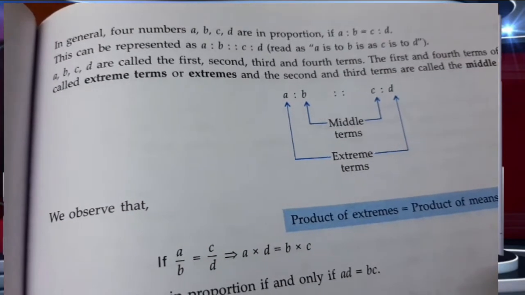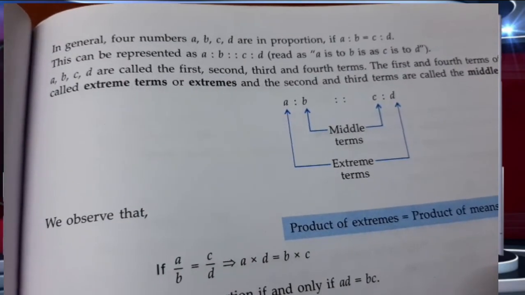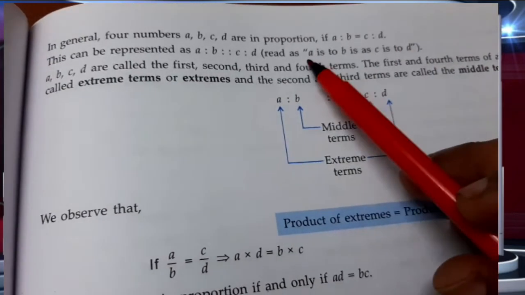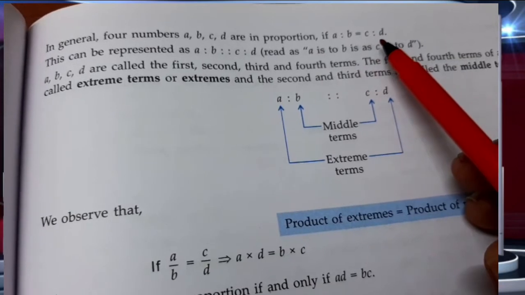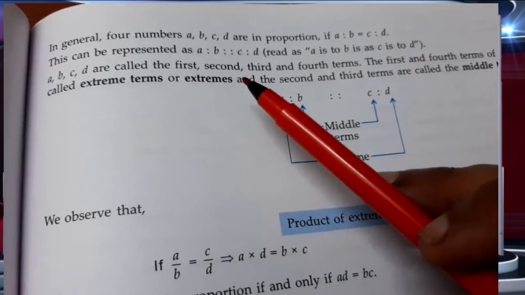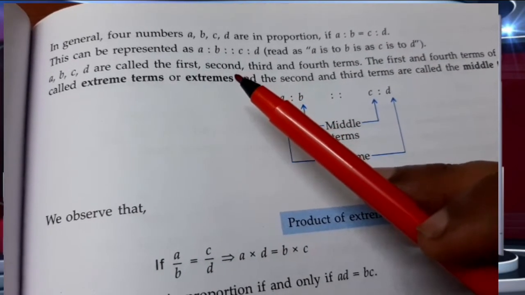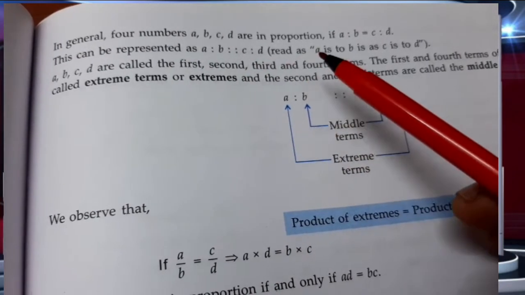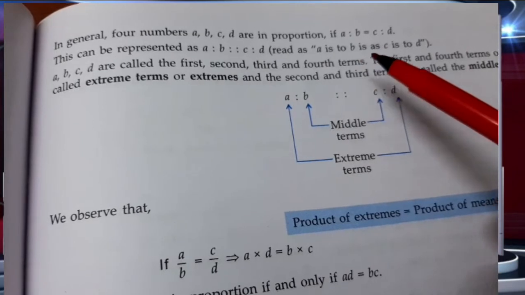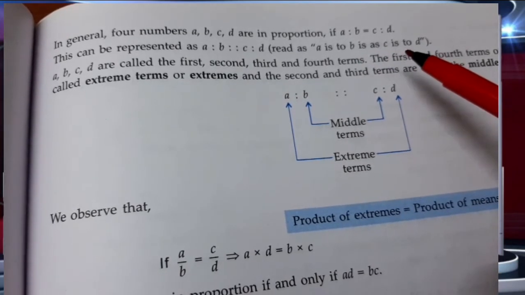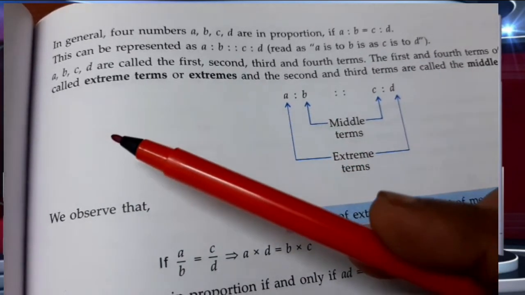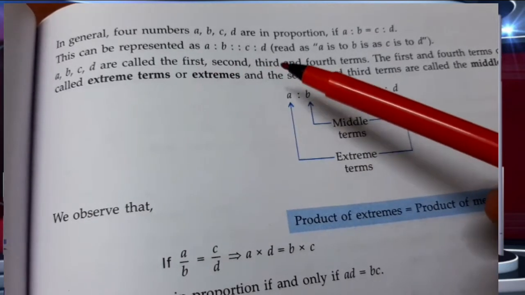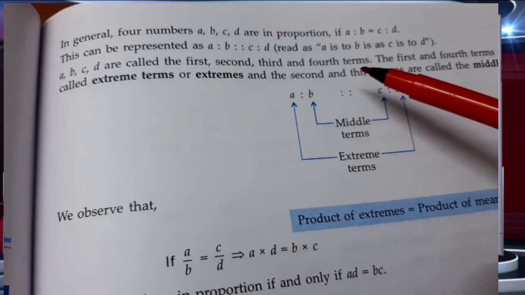In general, the four numbers A, B, C and D are in proportion if A is to B is equal to C is to D. This can be represented as A : B :: C : D, read as A is to B as C is to D. Here the numbers A, B, C and D are called the first, second, third and fourth terms.